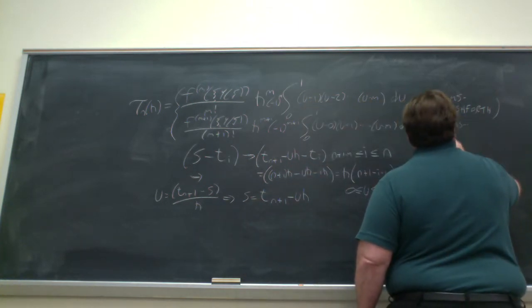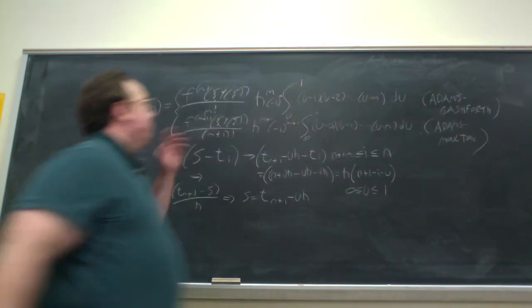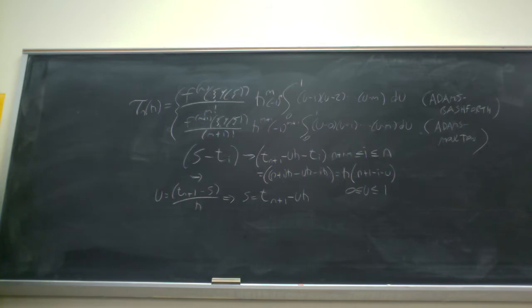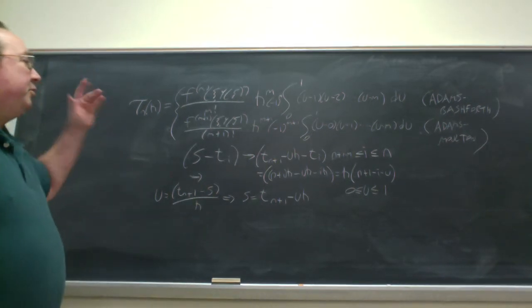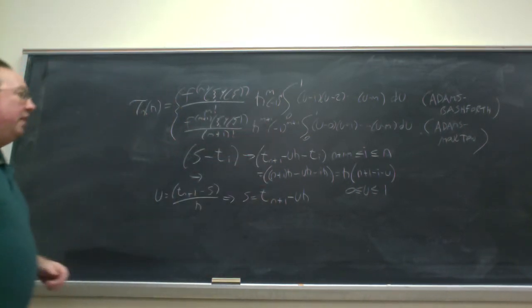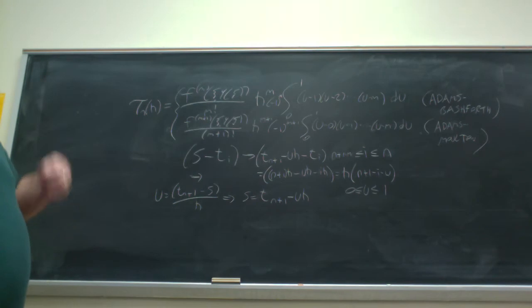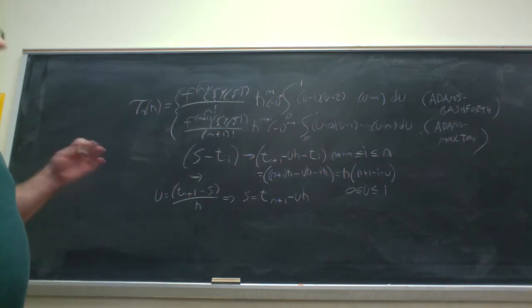And it's from this that you can see why an Adams-Bashforth method is m-th order accurate, and an Adams-Moulton method is (m plus 1)-th order accurate. It's because of the terminating polynomial being degree 1 greater. So that's how those formulas are arrived at.